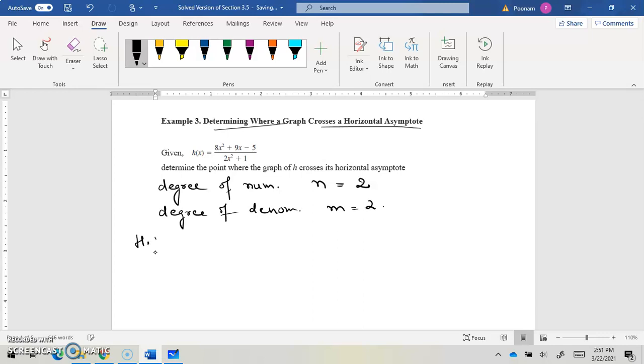So the horizontal asymptote can be written as y is equal to a_n by b_m, which is 8 by 2, 4. So the horizontal asymptote is y is equal to 4.